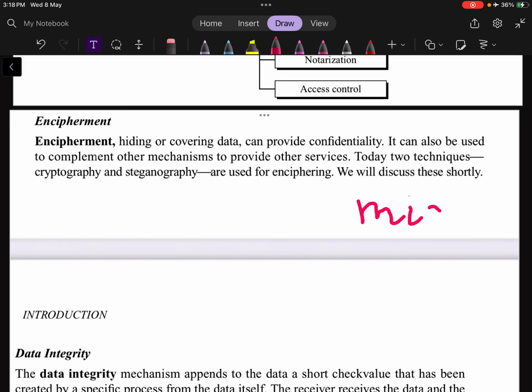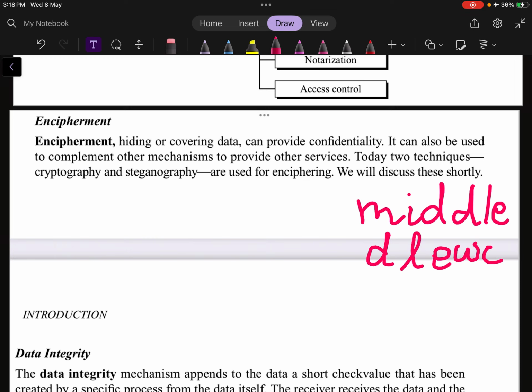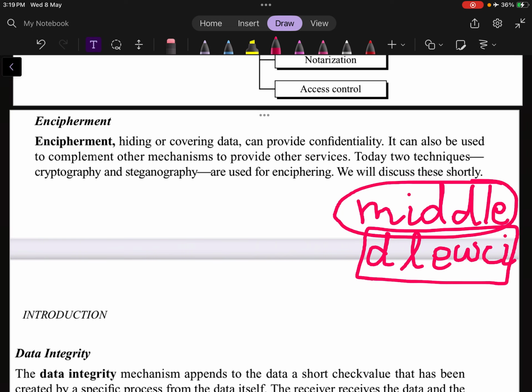If I write "middle", this can be easily readable, so I exchange it by DLEWCI. Now this is the hidden text which is covering the word "middle". So it can provide confidentiality.